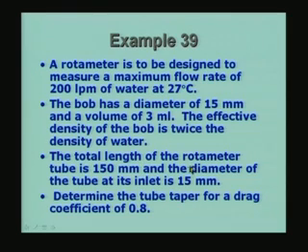The total length of the rotameter tube is 150 millimeters, that means Y max, the maximum possible value of Y, is 150 mm, and this must correspond to this 200 liters per minute. Y equal to 0 will correspond to 0 flow. When there is no flow, the bulb will be at the bottom at its datum level, and when the full volume flow rate is there in the rotameter, it will go to the 15 centimeter or 150 millimeter level.